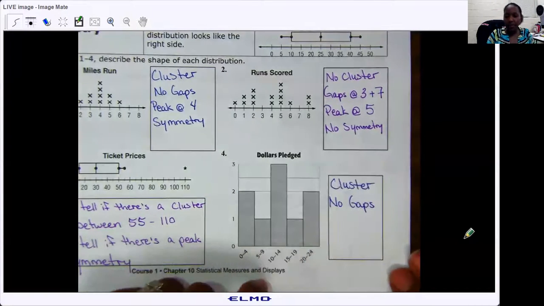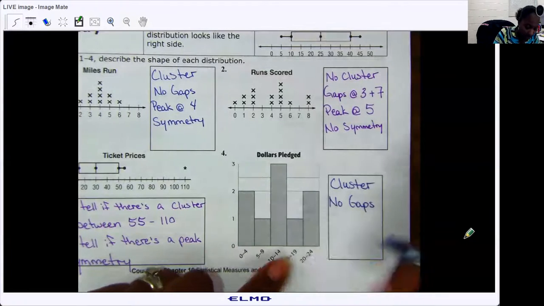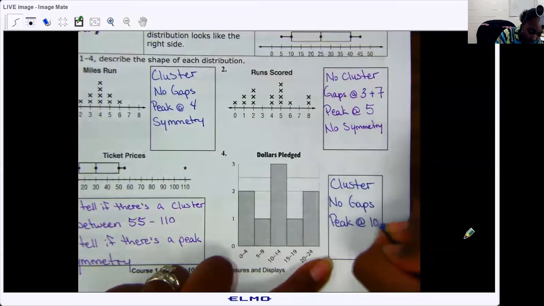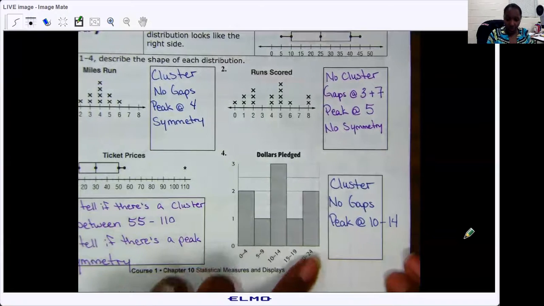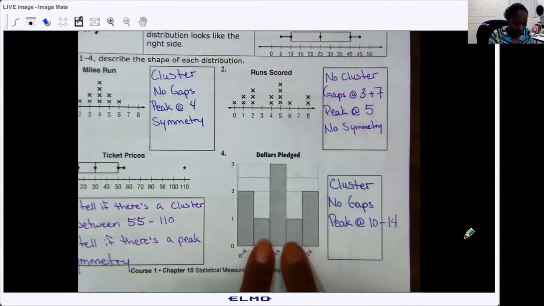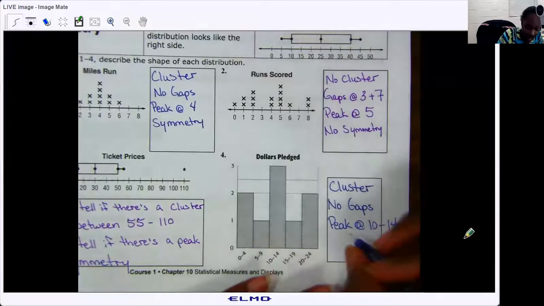Okay, do we have a peak in our data? We have a peak right here, 10 to 14. So our peak is at 10 to 14. And then finally, symmetry. If we look at the middle of our data, is it the same on the left and on the right? It is. So we have symmetry.